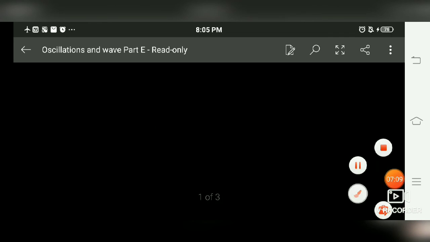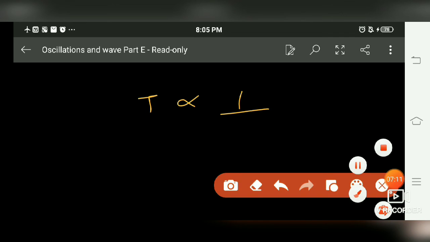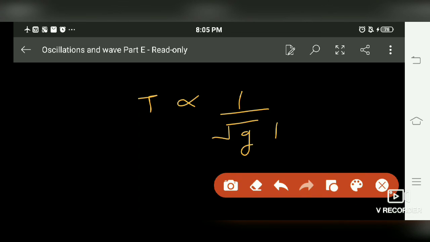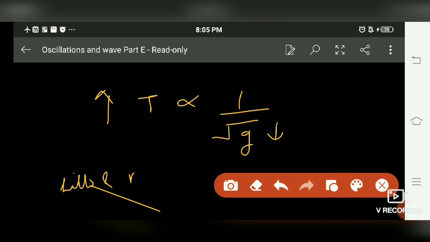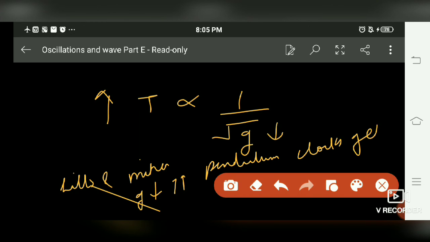Other thing we get, T is inversely proportional to under root of g. If value of g decreases, time period increases. So that's why at hills and mines, where g decreases, time period increases and pendulum clocks get slowed down.